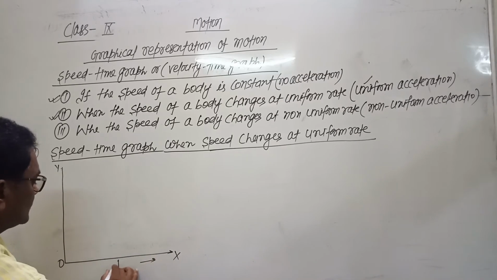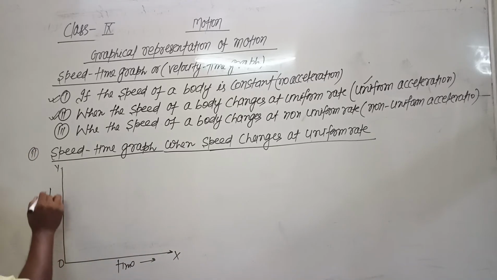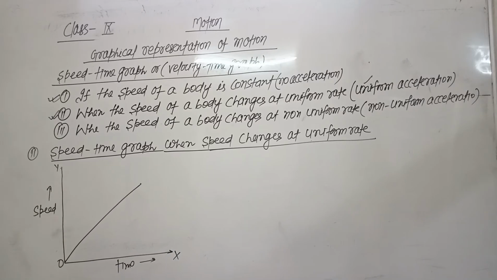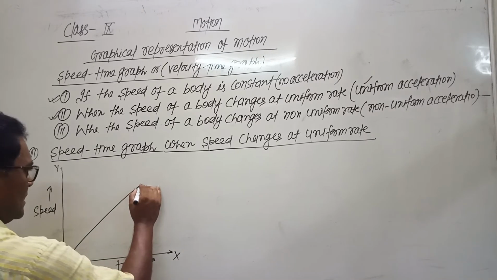Time axis, and this is speed. So a speed time graph when a speed changes at a uniform rate is a straight line inclined to the time axis.